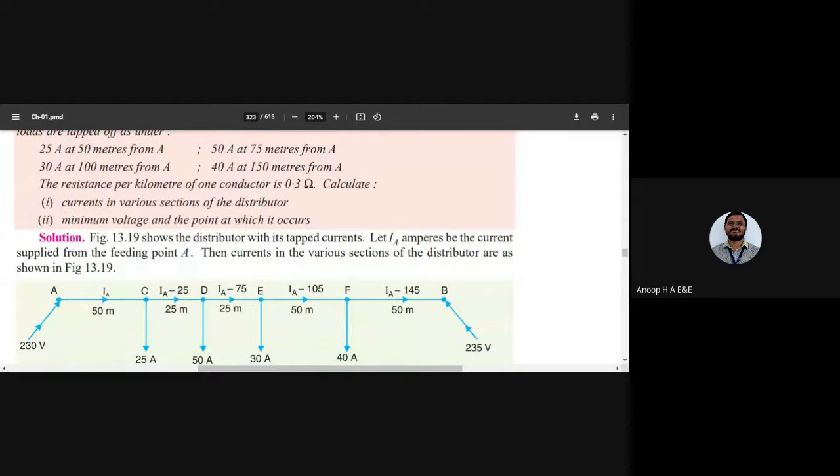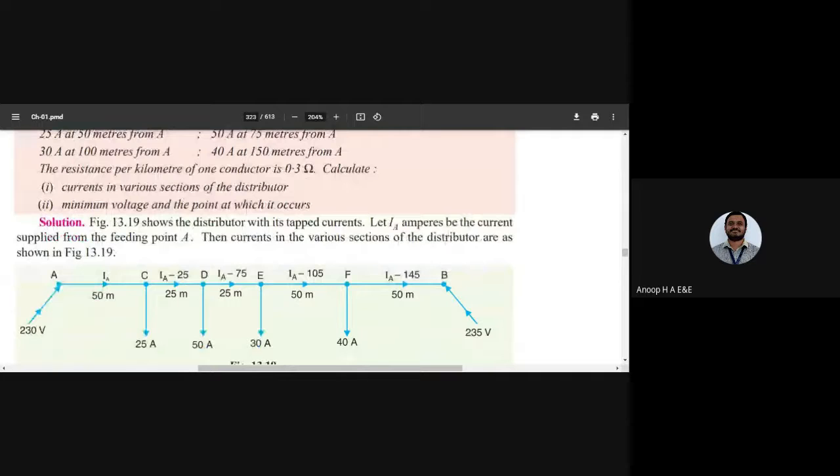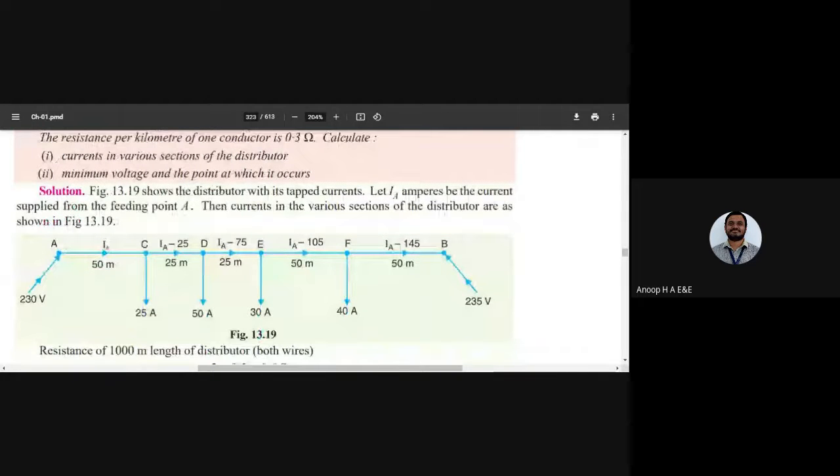So that is what we are going to find out, and let us go in detail right now. You can identify that you will be having the potentials maintained at different values.